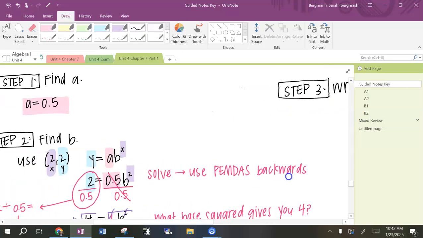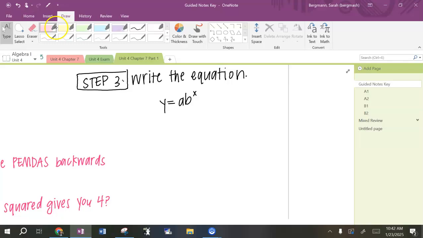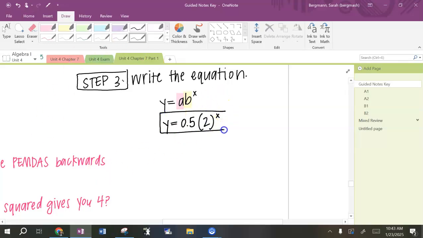In step 1, you found that a was 0.5. And in step 2, you found out that b was 2. So for your final answer, you should have y equals 0.5 times 2 raised to the power of x. X and y stay as the variables. You only fill in a and b from steps 1 and 2.